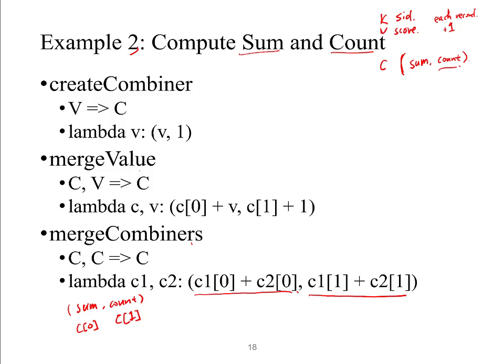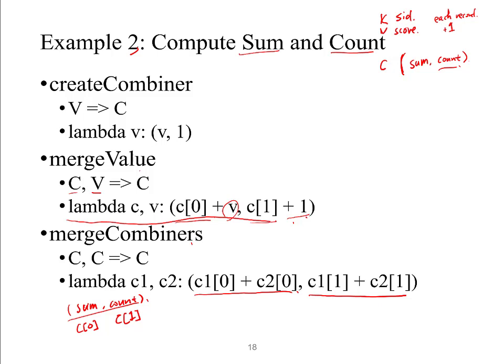Now for merge values, what shall we do when a single row meets a previously reduced row? So V is the single row, the score for the single row, and C, again, remember it's a sum count tuple. So for that tuple, given V here, we should add V to the sum and add 1 to the count. Right? So this is how we get this function here.